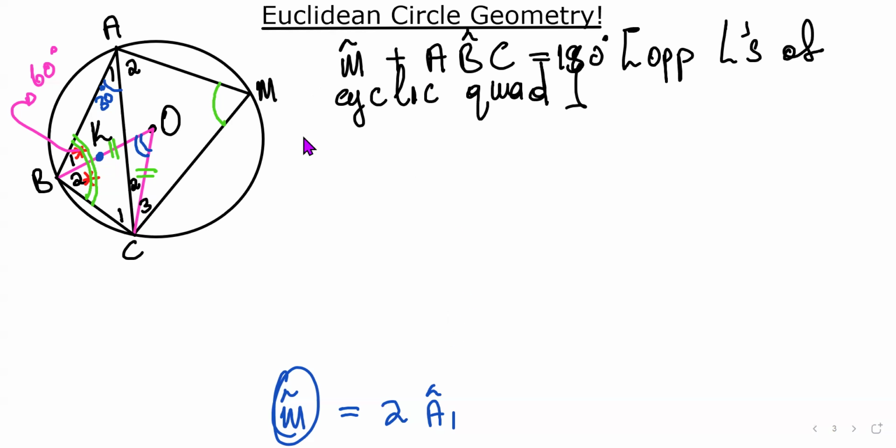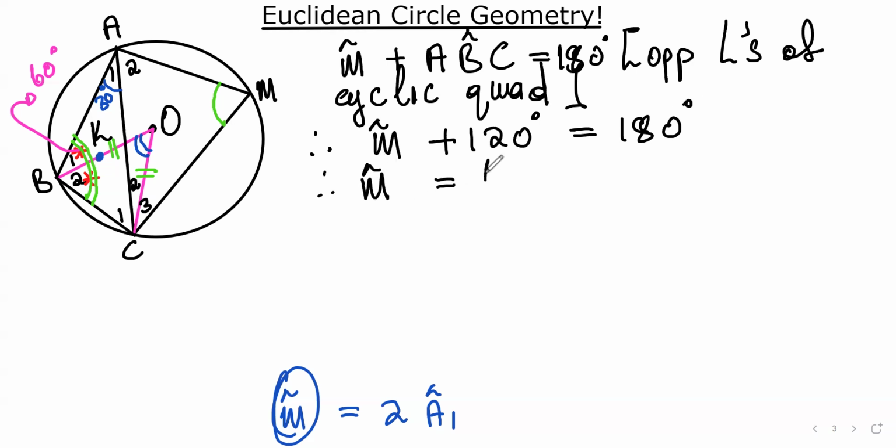All right? Well, then, this means M plus 120 degrees will be set equal to 180. Then M will just be 60 degrees, which is just twice as much as angle A1.